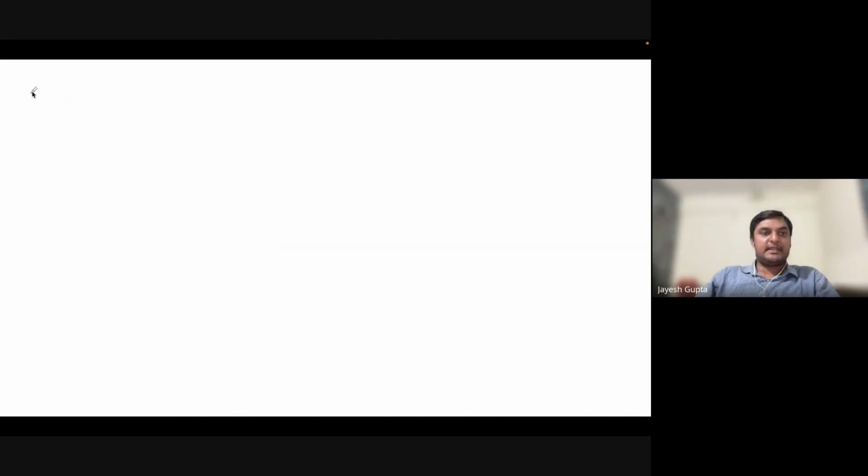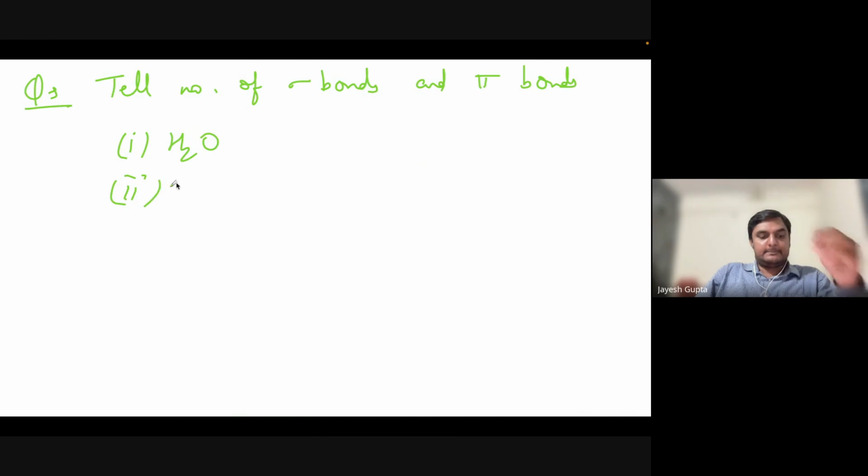There's one question I'm giving, then we can wrap up. You have to tell the number of sigma bonds and pi bonds. The first molecule is H2O. Second is NH3. Third is C2H2.